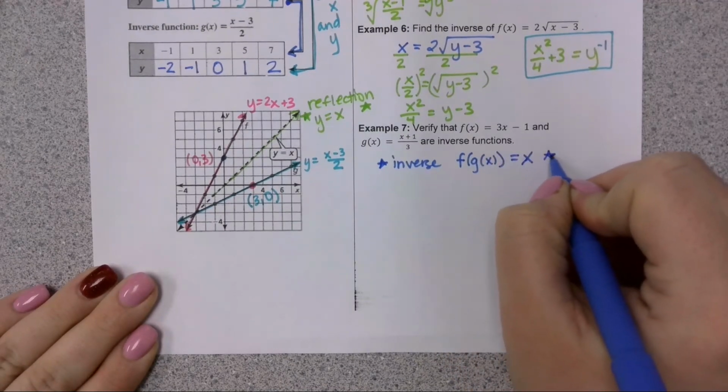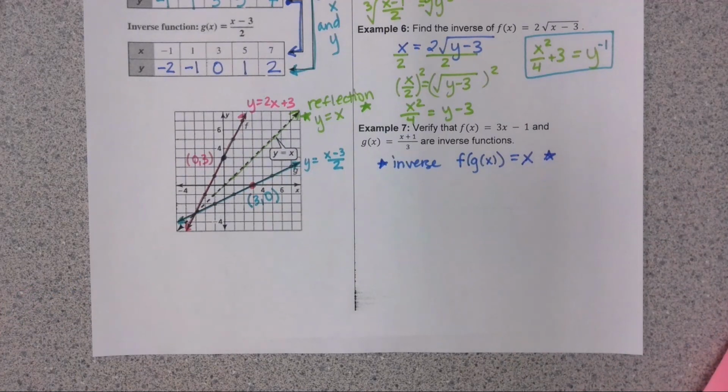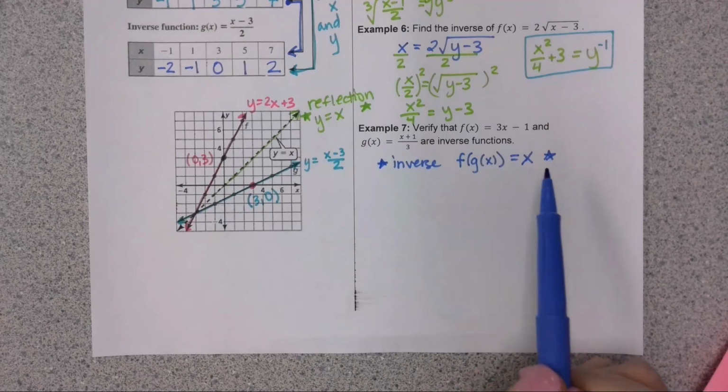Plain old x. Similarly, with inverses when it comes to addition, if you add the negative version, you should get 0. When you multiply by the reciprocal, you get 1. Here, when we compose, we get x.